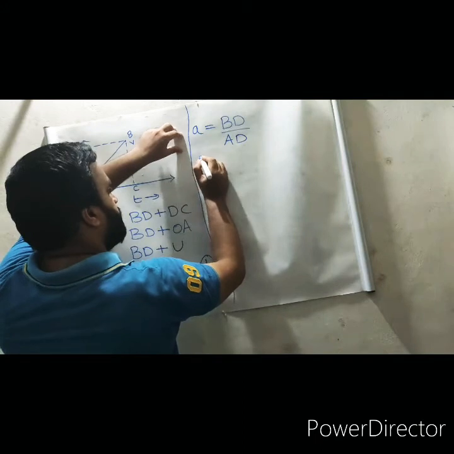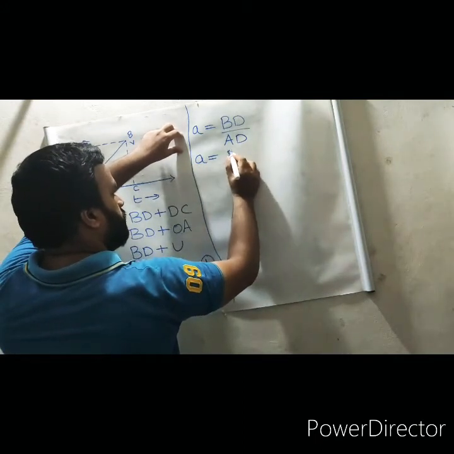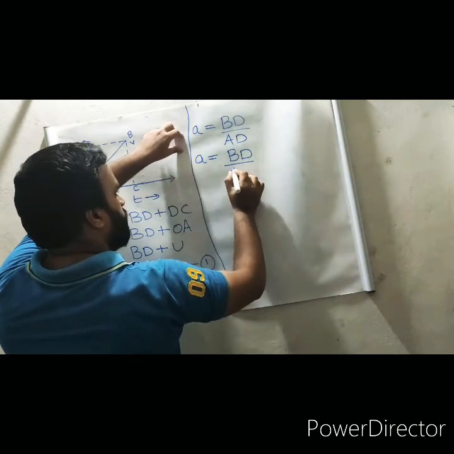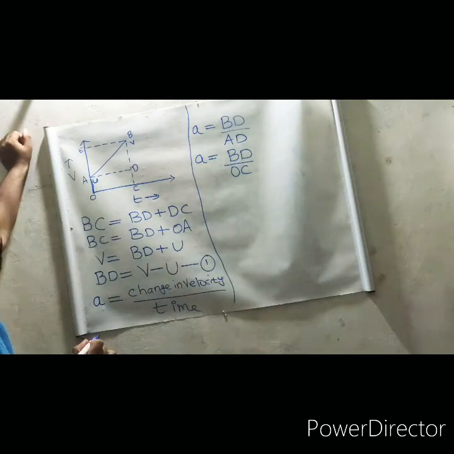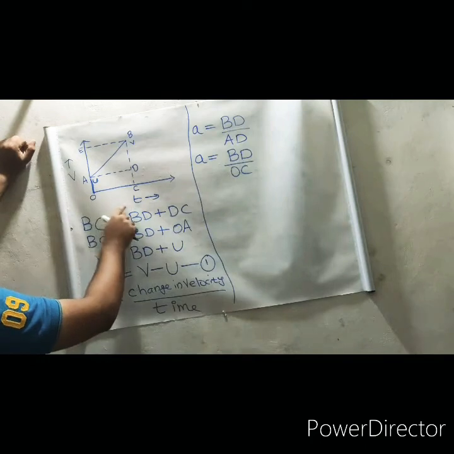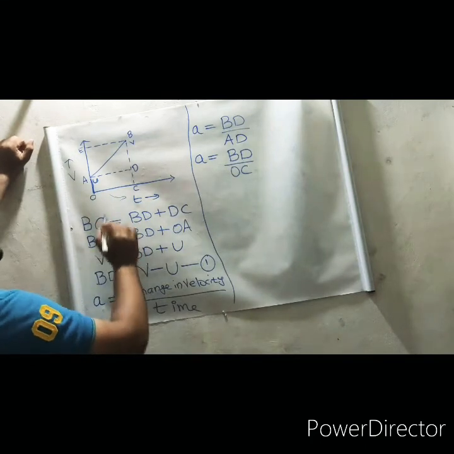So a is equal to BD by OC. OC is the time taken t.